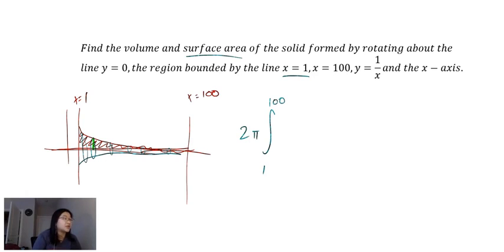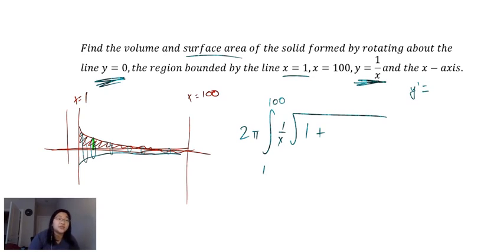Because the line we're rotating about is y equals 0, our radius is just our function 1 over x, times the square root of 1 plus, and what's our derivative of y? That's going to be negative 1 over x squared, so 1 plus negative 1 over x squared, quantity squared, dx. Then just plug that in and see what we get.